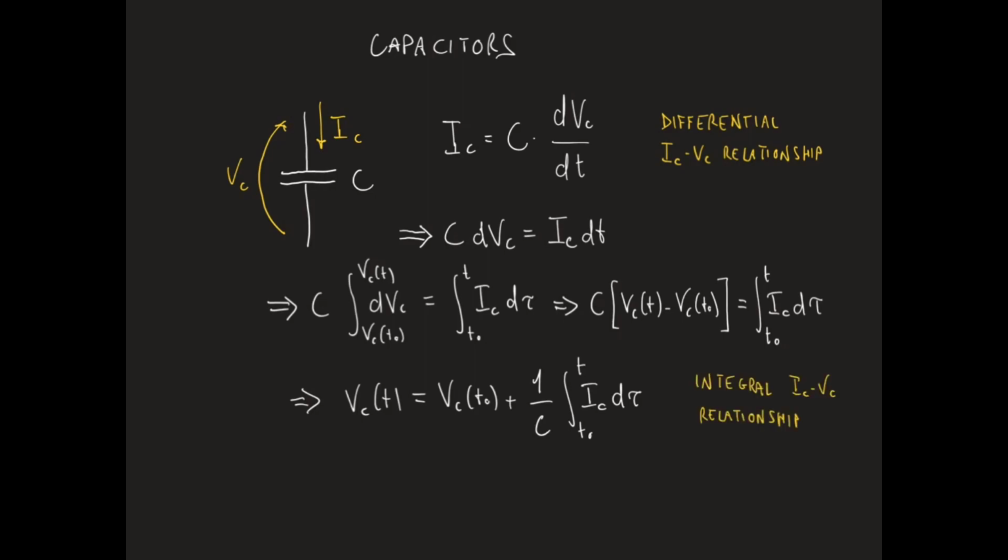Vc in t0 is called the initial value of the voltage across the capacitor. Note that in choosing the polarity of the voltage drop across the capacitor, Vc, and the direction of the current flowing through the capacitor, we have complied with the passive sign convention.